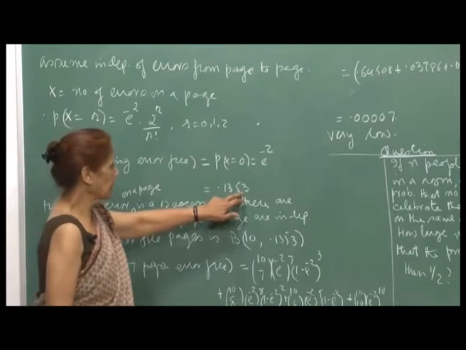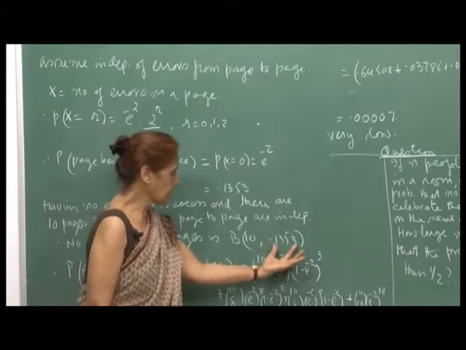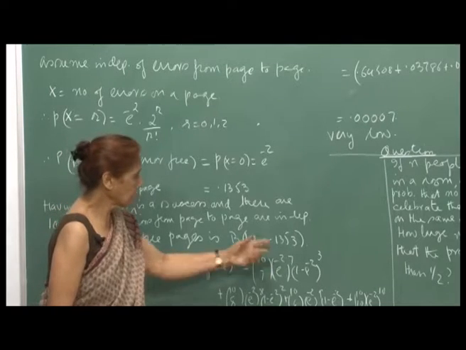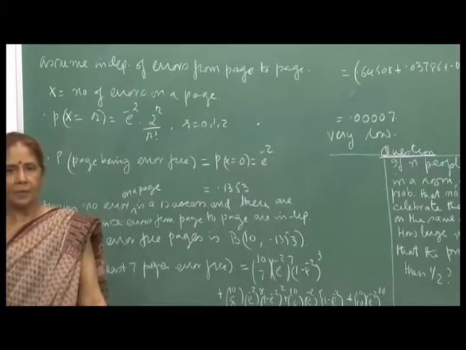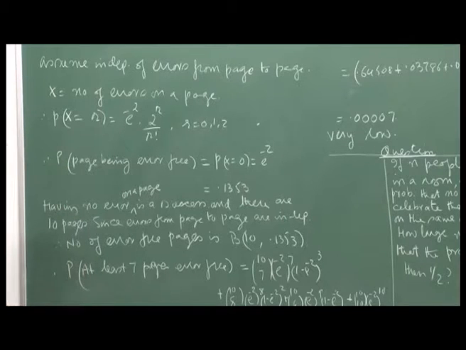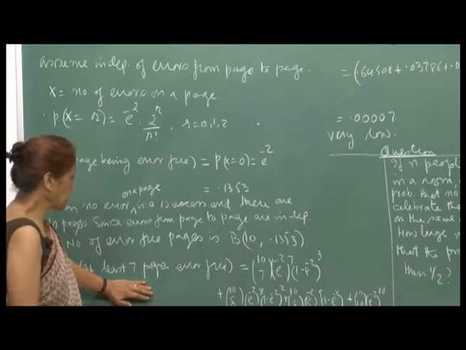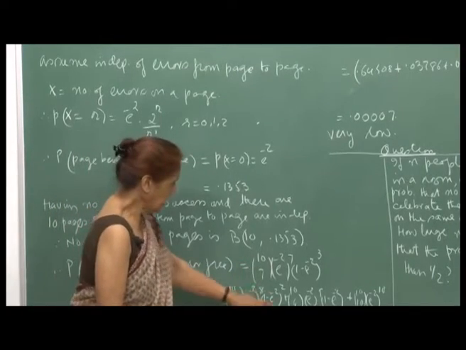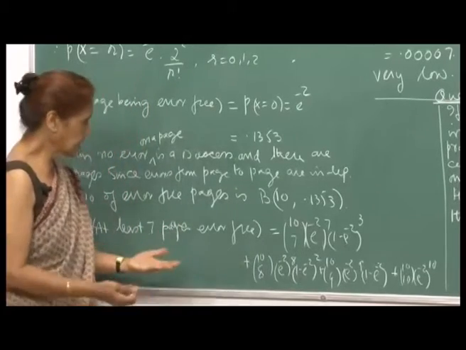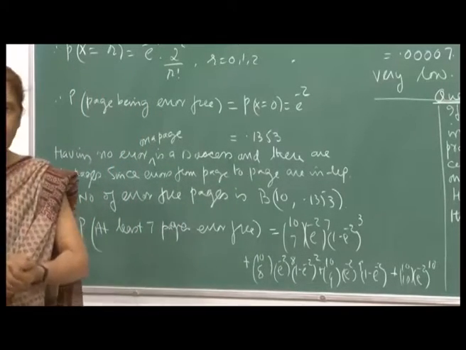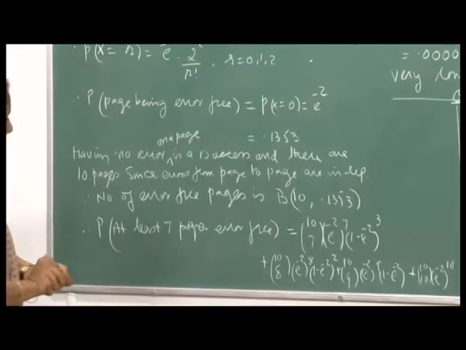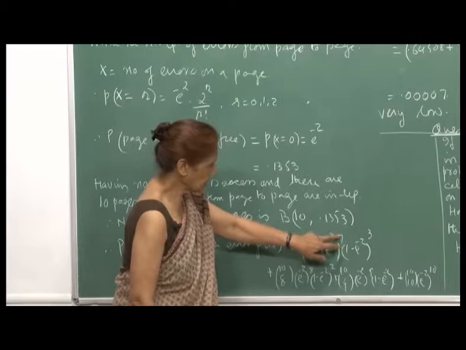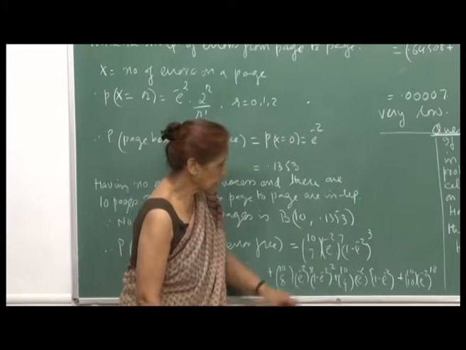That is 0.1353. That means the probability of a success, our p, is 0.1353 and the number of trials is 10. So, this is a binomial random variable. And so, for the probability that at least 7 pages are error free, I require 7, 8, 9 or 10 error free pages, and the probabilities will be 10 choose 7 e raised to minus 2 raised to 7 into 1 minus e raised to minus 2 raised to 3.